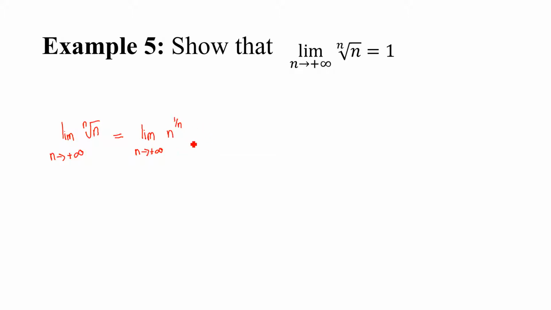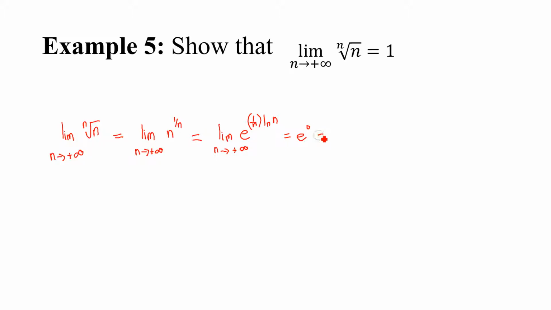So in other words, we can rewrite this using the concept of the previous calculus that you had. You could have the limit of e raised to 1 over n times the natural logarithm of n as n approaches positive infinity, which, from the previous calculus, is equal to e raised to 0.